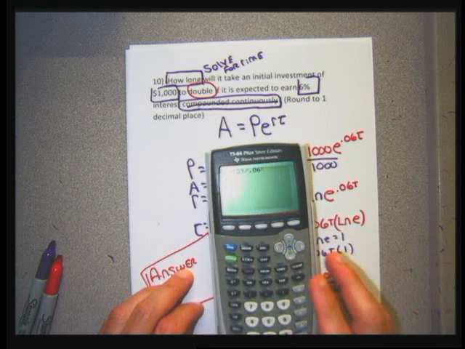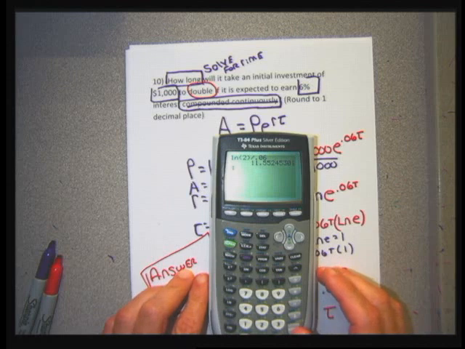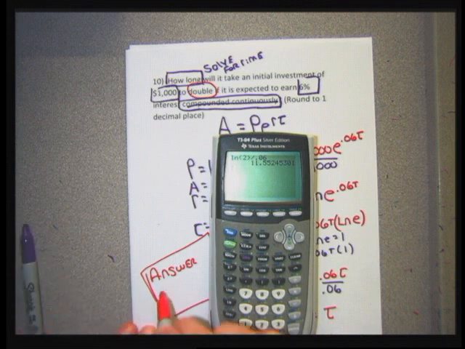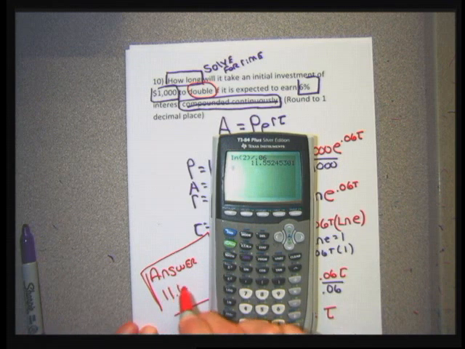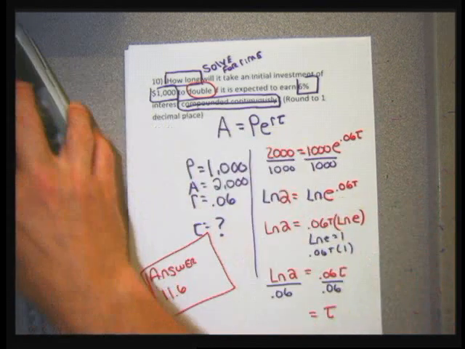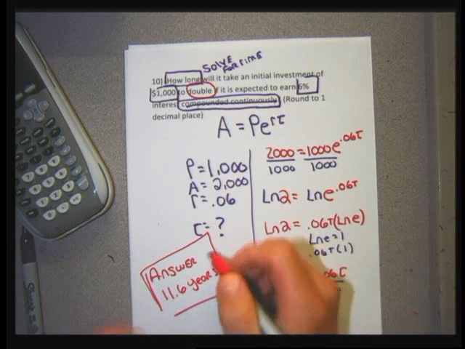And when I do ln of 2 divided by 0.06, I get 11.55. The instructions say round to 1 decimal place, so I'm going to round to 11.6. And because this is time, and the time is in years, because the interest rate's a yearly interest rate, I'm going to write 11.6 years for my answer.